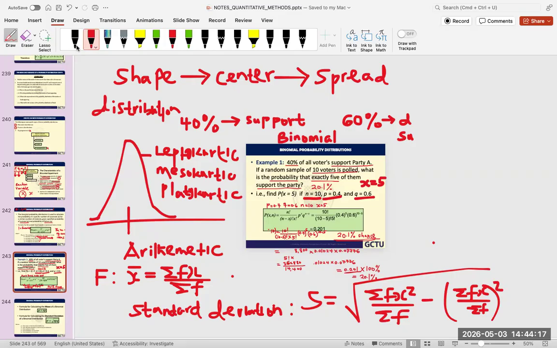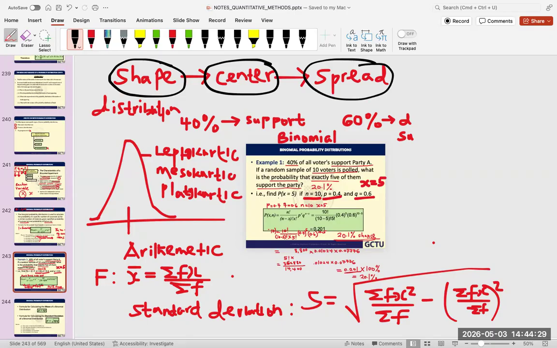And that was how we were done with the shape, the center, and the spread of the frequency.